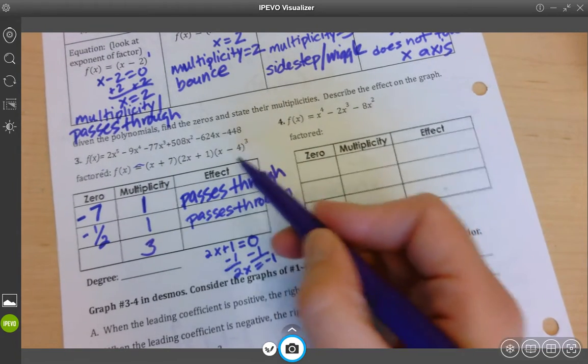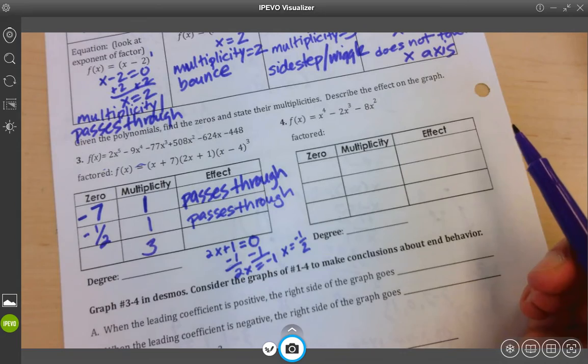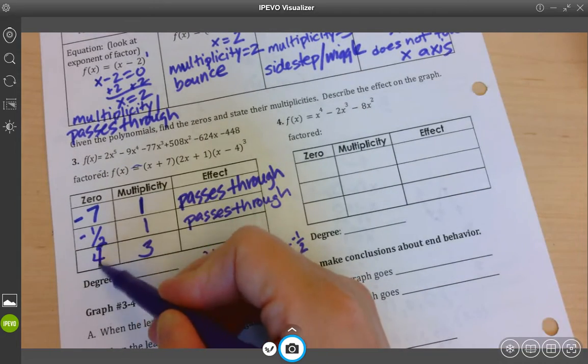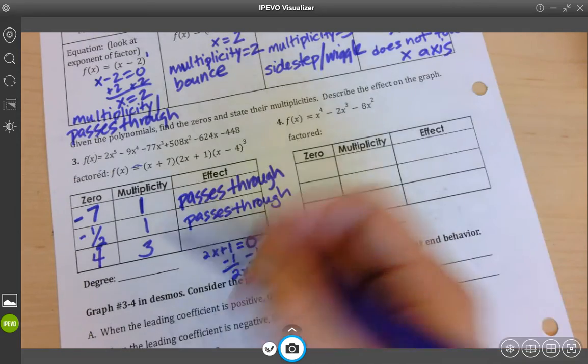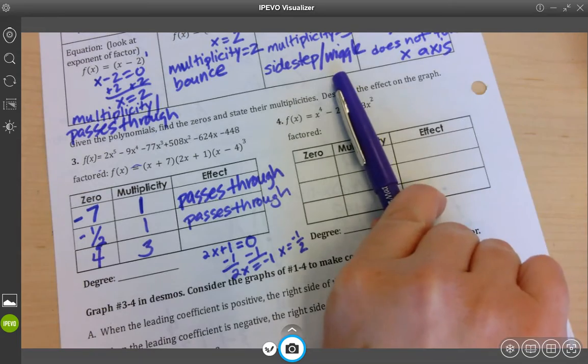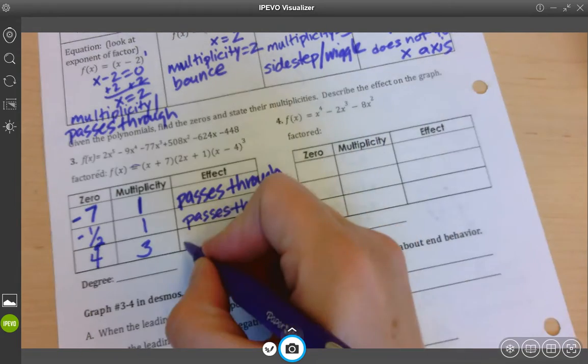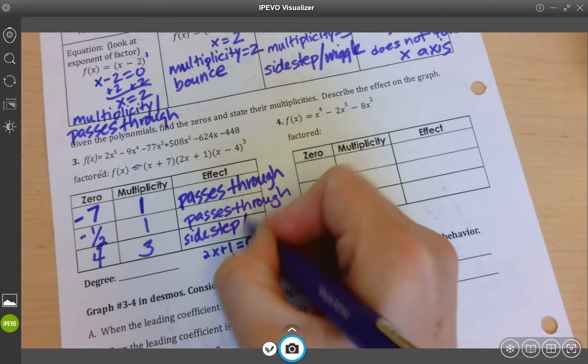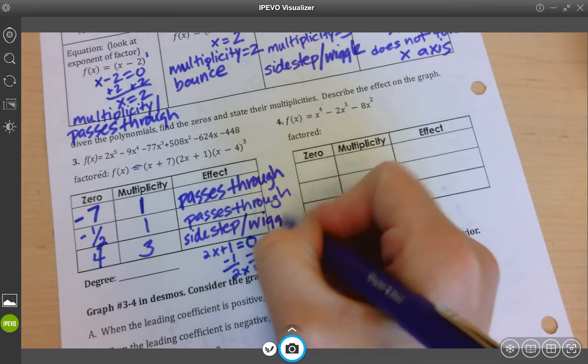And what's the 0? 4. So if I set x minus 4 equal to 0, I get x equals 4. If the multiplicity is 3, then what happens? Wiggle or sidestep. I'm going to write them both because some people like one, some like the other. You can only write one if you want.